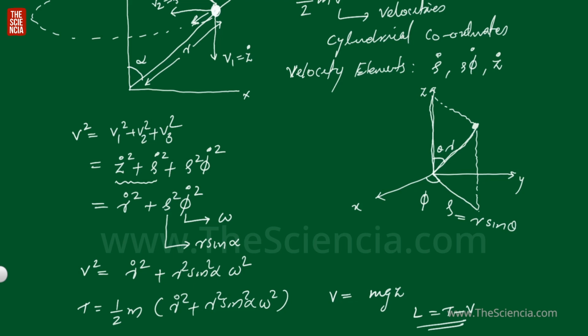Then take x dot, y dot, z dot, take the squares of them, add them, and find out the kinetic energy. I tell you, you get the same value, that is T is equal to half m times r dot square plus r square sine square alpha omega square. I recommend you to try it by yourself and convince yourself.